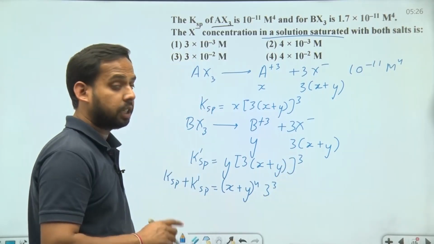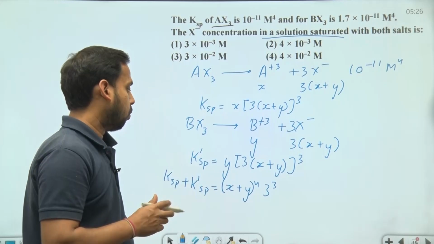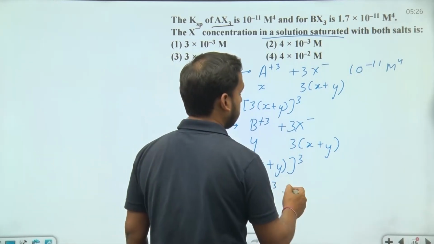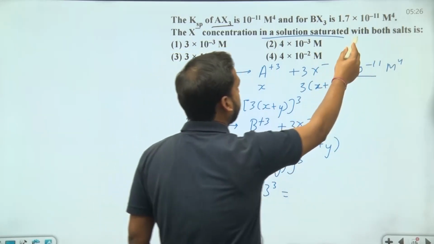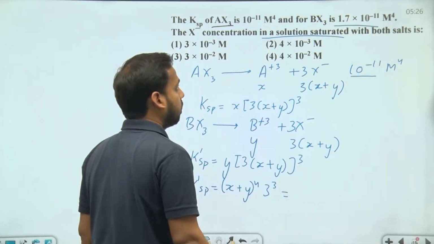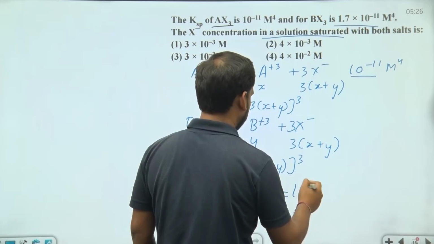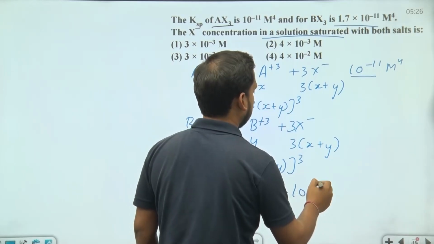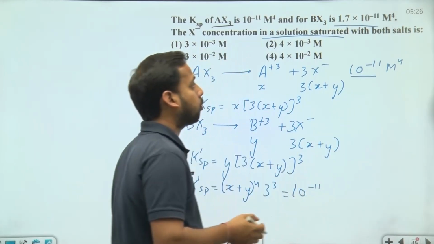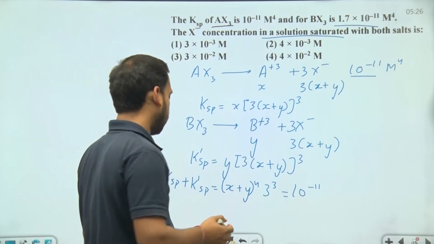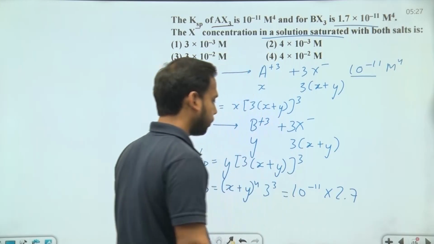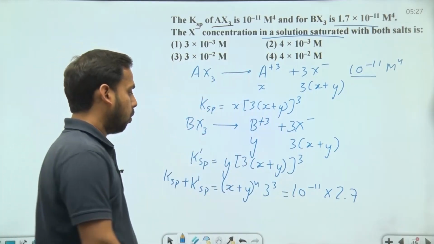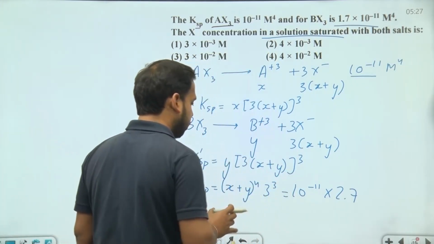So KSP plus K dash of SP will be equal to 10 to the power minus 11 plus 1.7 into 10 to the power minus 11. So 10 to the power minus 11 comes out common, and it will be 1.7 plus 1, so it will be 2.7. Now this 3 to the power 3 will be 27.